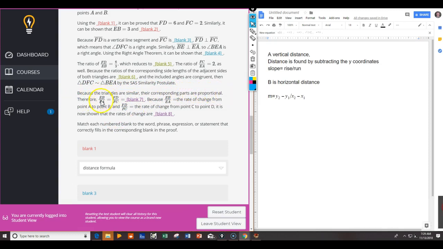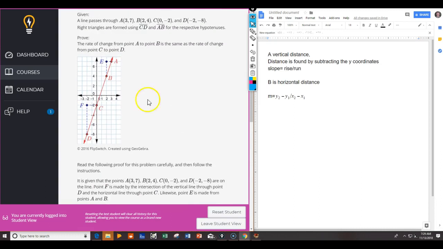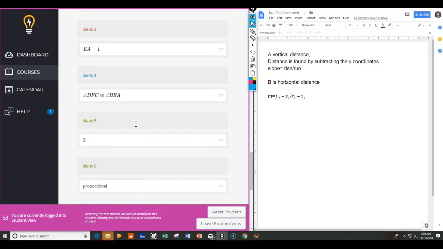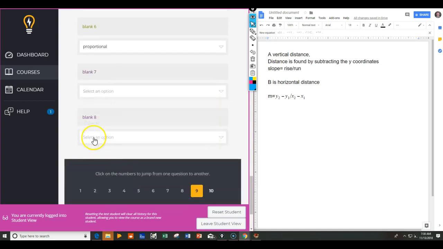Therefore, the distance of EB divided by the distance of EA is equal to the distance of FD divided by the distance of FC equals blank. Okay, well, what is EB and EA? So EB again was 3 and EA was 1. So what is 3 divided by 1? It is 3. So that's how I would find blank 7. So this is 3.